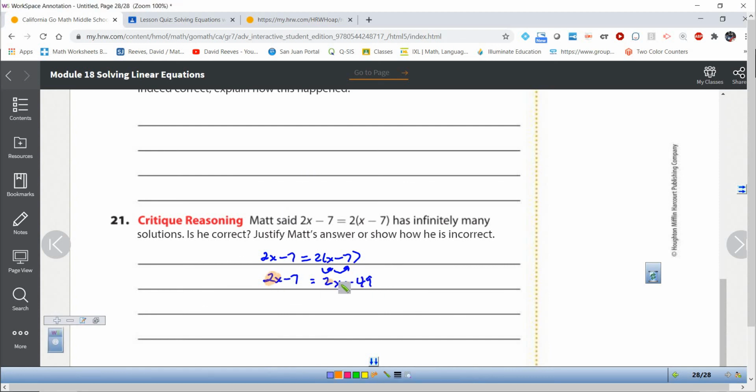You should see that the x terms are the same, and if I subtract those away, I get negative 7 equals negative 14, which means there is no solution at all. We knew that because the x terms will always be the same, but negative 7 will never equal negative 14.